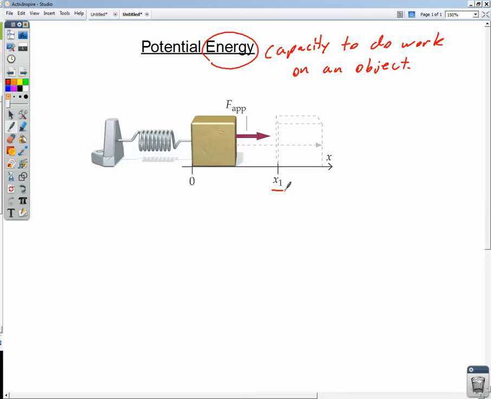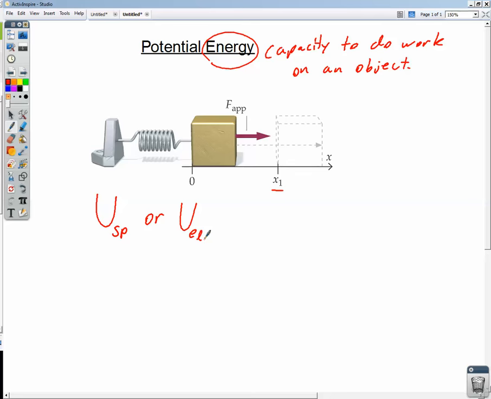Also, you can get a spring that has potential energy when it's extended past its rest position. In that case, it wants to pull the object back towards the rest position instead of push it towards the rest position. Either way, we've got elastic potential energy. We abbreviate potential energy with a U, and we can say U spring, or U for elastic. Both of these are the same: spring or elastic potential energy.